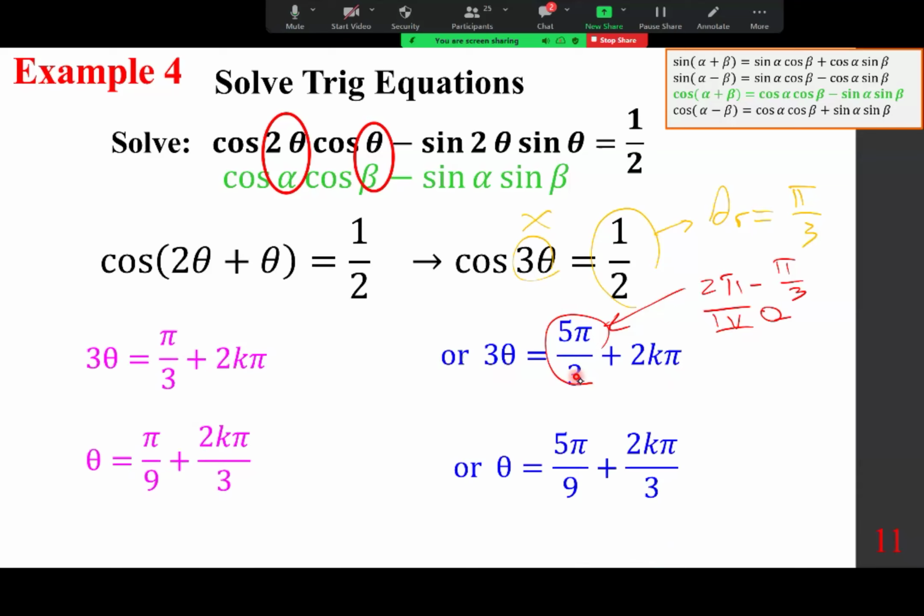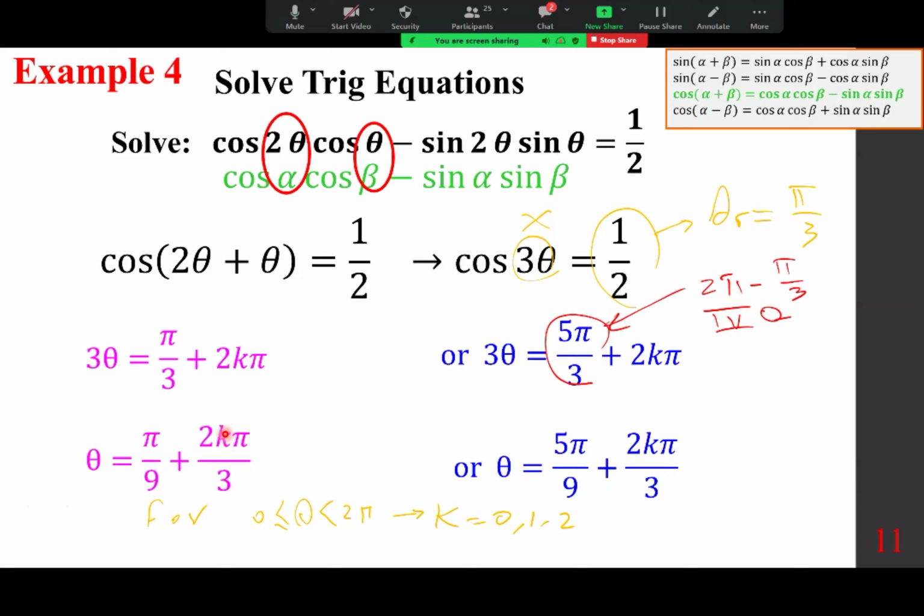Now, if you want the answers from 0 to 2 pi, then you let k be 0, 1, and 2.